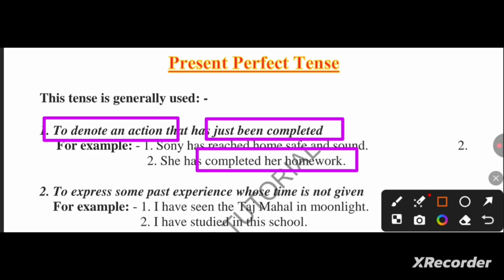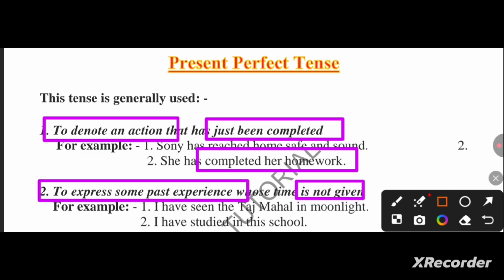This tense is also used to express some past experience whose time is not given. For example, I have seen the Taj Mahal in moonlight, but we don't know the particular moment when we have seen the Taj Mahal in moonlight.